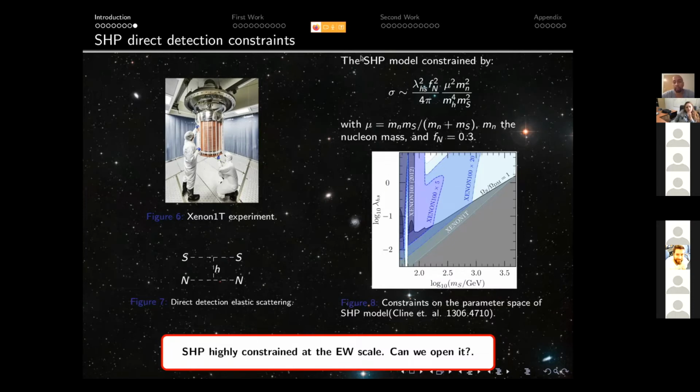At the end, considering the cross section and the sensitivity of your experiment, you can constrain the parameter space of your model. As you see here, we have a Higgs portal on the left, and on the x-axis we have the mass of the dark matter particle. There is a black line here which corresponds to those points with the correct relic abundance, 0.12, for the relic density.